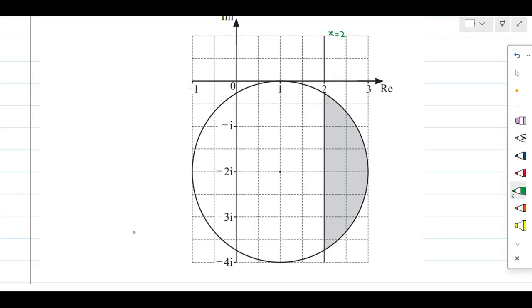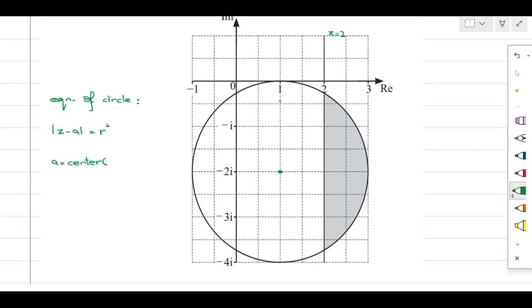So how do we write the circle in complex numbers? The equation of a circle in complex numbers is the absolute value of z minus a equals r square, where a is the center. So what are the coordinates of the center?